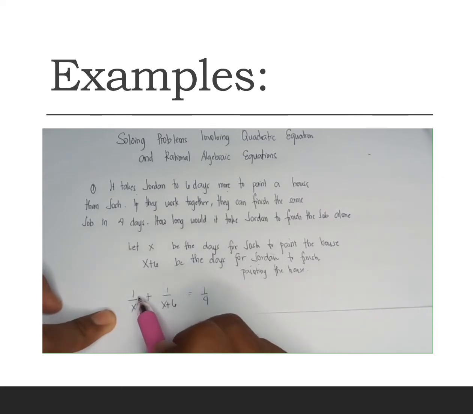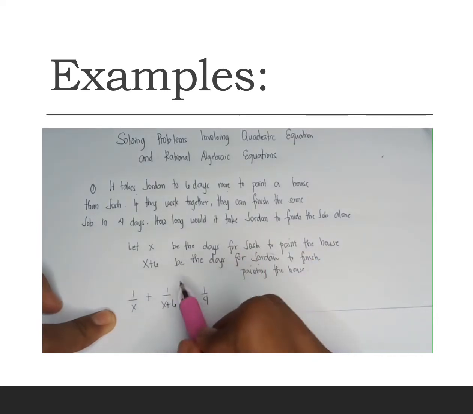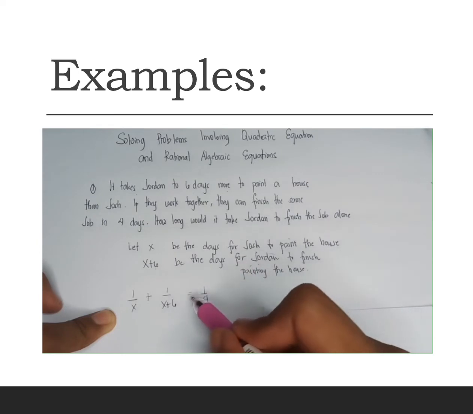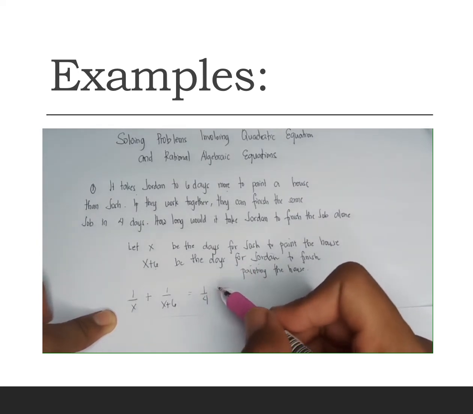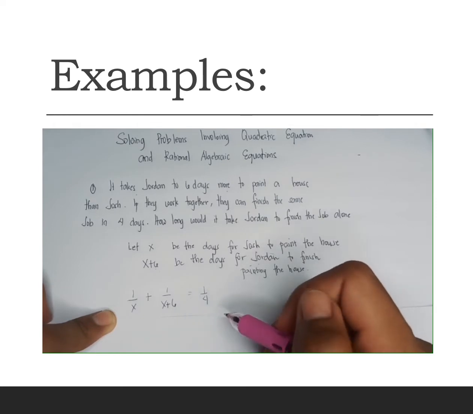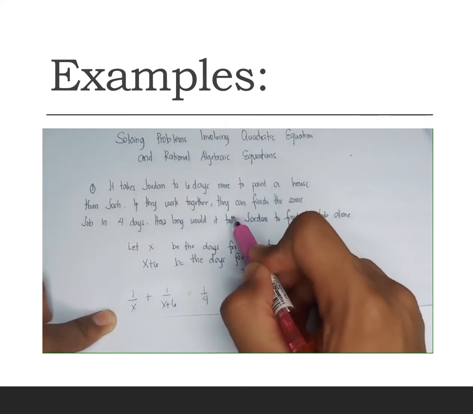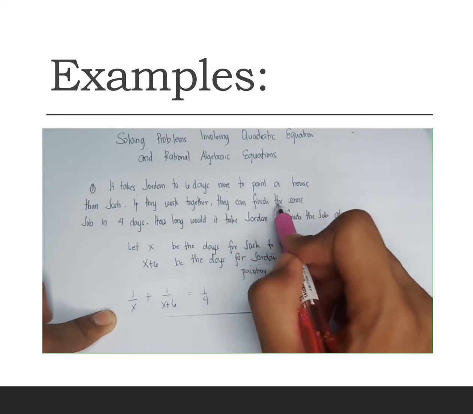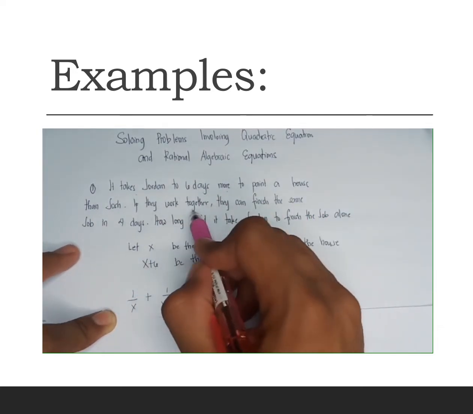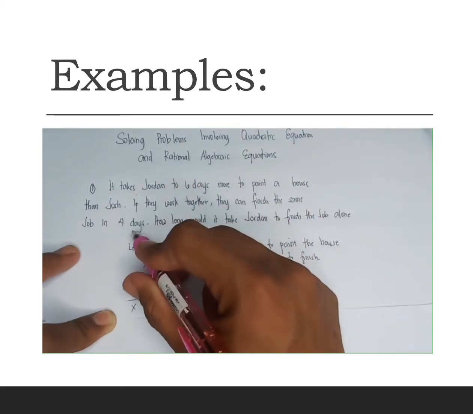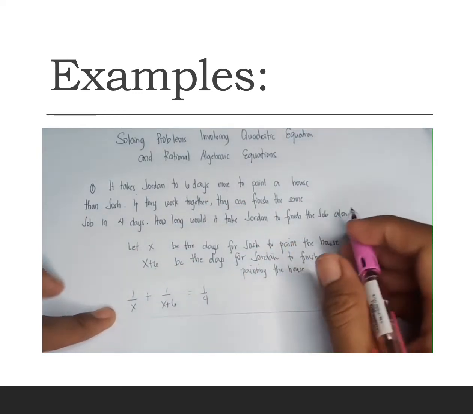So here, 1 over the representation of Josh, which is x, plus 1 over the representation of Jordan is equivalent to 1 over 4. Where did we get 1 over 4? On the problem, of course. They can finish the same job in 4 days if they work together. So we have 4 days, 1 over 4.